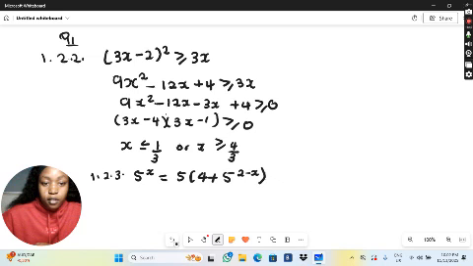So we have 5 to the power of x is equal to, okay, so we are going to multiply this.